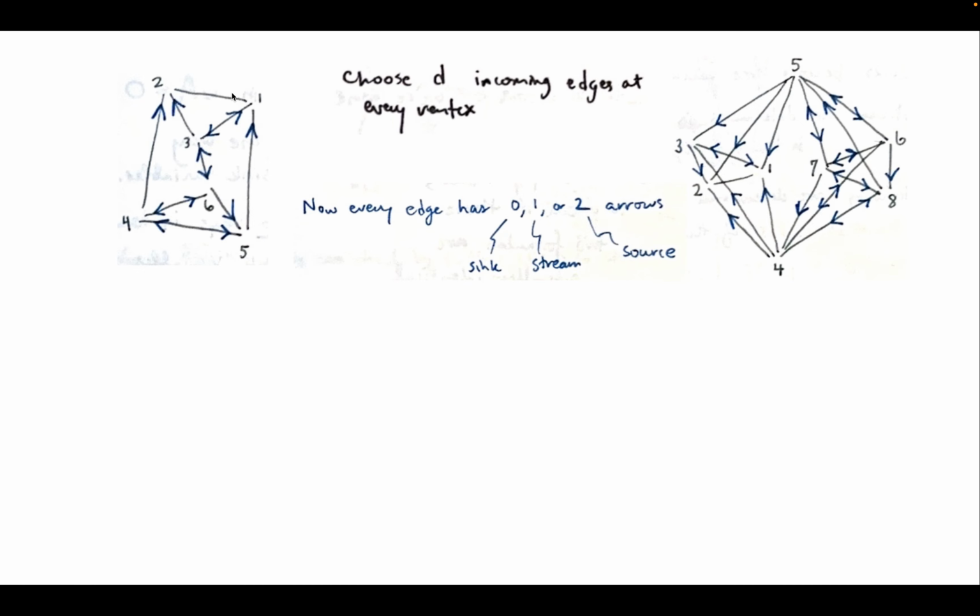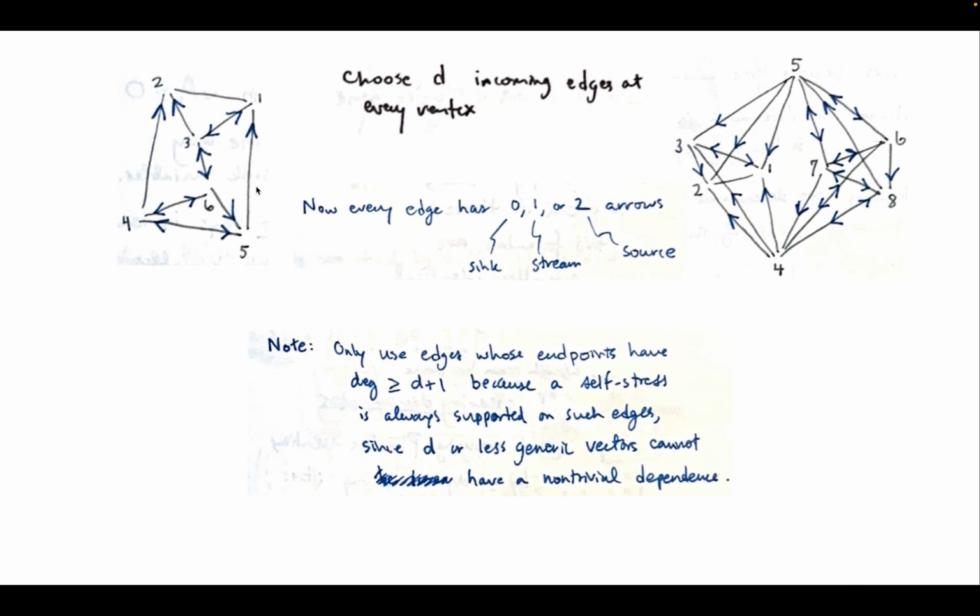It has no arrows. It's not been determined by either of its endpoints. Whereas edge 1, 3 has 2 arrows. So it's actually determined at vertex 1 and it's determined at vertex 3. That might be a problem. Whereas edge 1, 5 is purely and uniquely determined by vertex 1. And so it's uniquely determined.